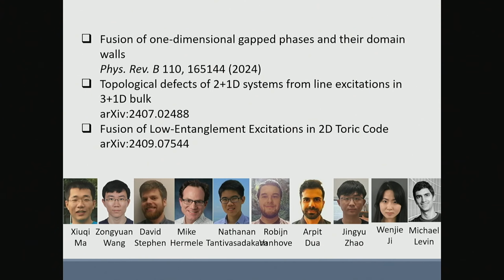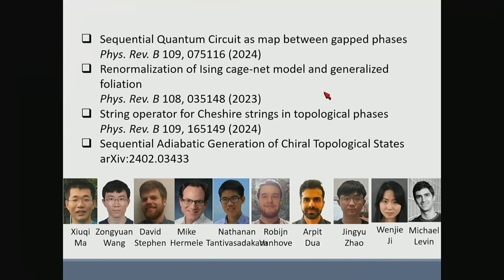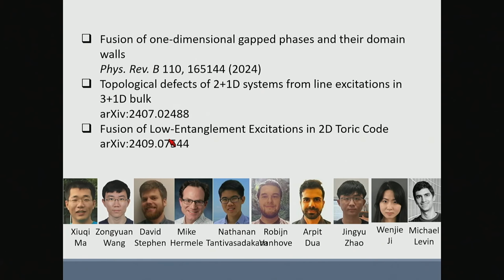And we had a later paper about duality and sequential circuits. So the answer in 1+1D, at least I think, is probably yes. In higher dimension, I would suspect it's also yes. In higher dimension, gauging is also a sequential circuit that we know. Yeah. Thanks.